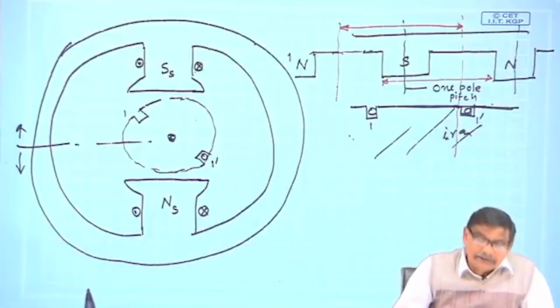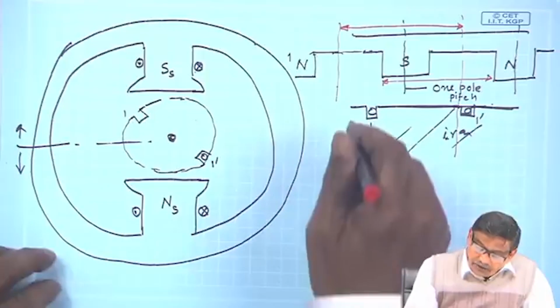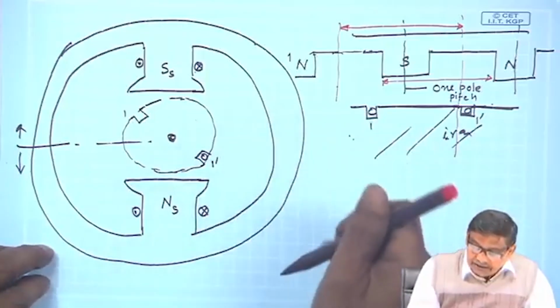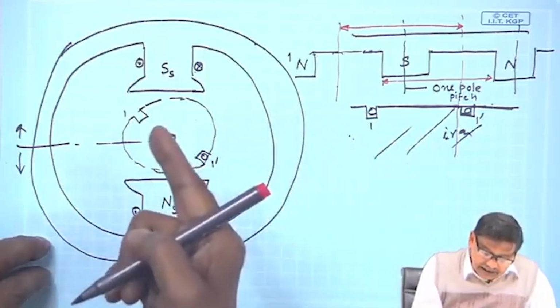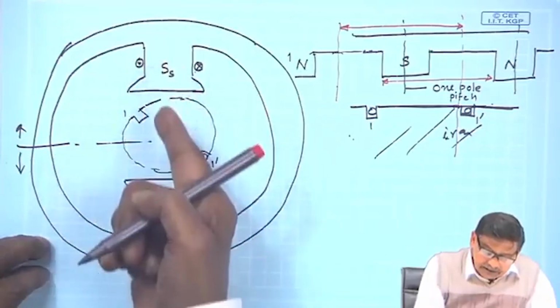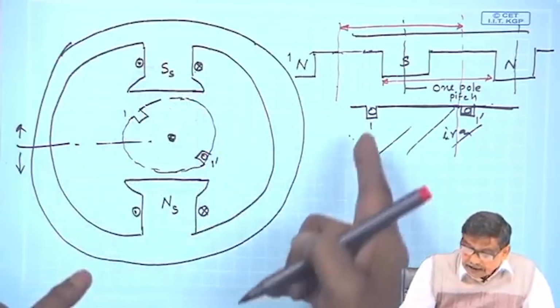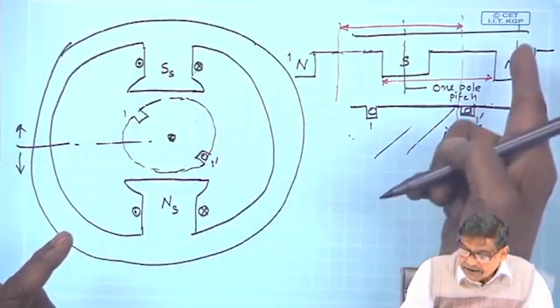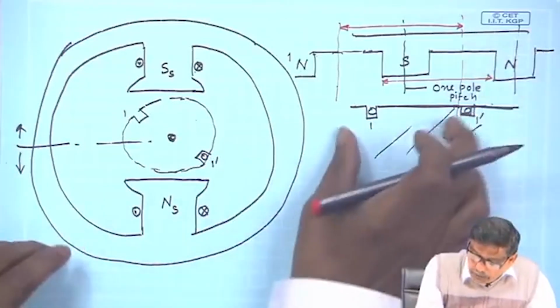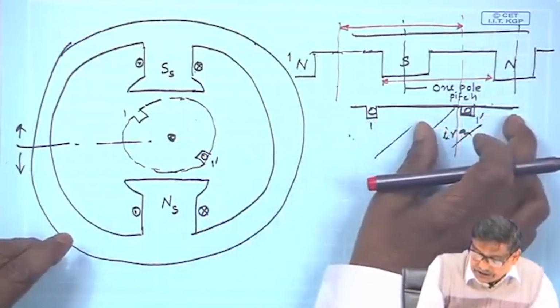Therefore, to maximize the induced voltage, it is always better to put the coil sides so that if one coil side or conductor is at any time under the center of the south pole, the other coil side should be under the center of the north pole. This is moving, I have shown it in an arbitrary position.